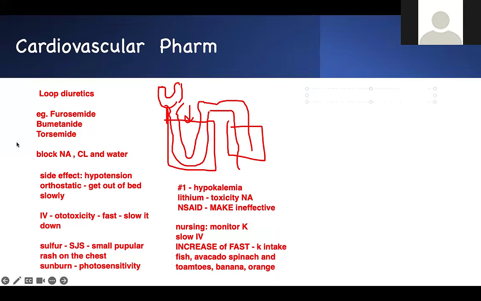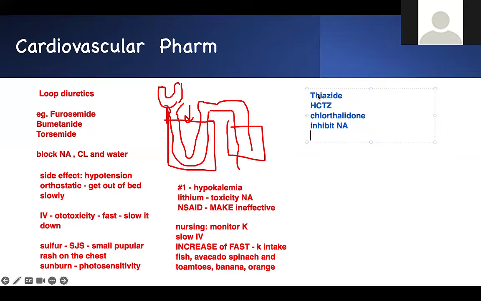So the second group is thiazides. These are very, very important. Example is hydrochlorothiazide. And if you don't know, you should know chlorthalidone, because if they don't give you hydrochlorothiazide, they'll give you chlorthalidone. They function to inhibit mostly sodium, right? But it's not that effective compared to a loop diuretic.